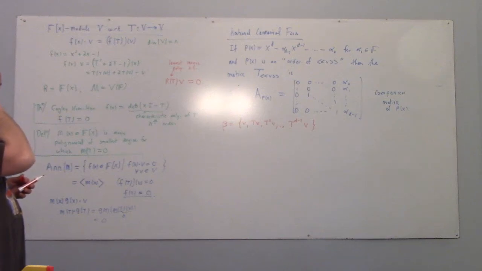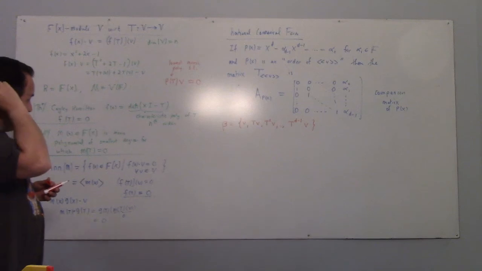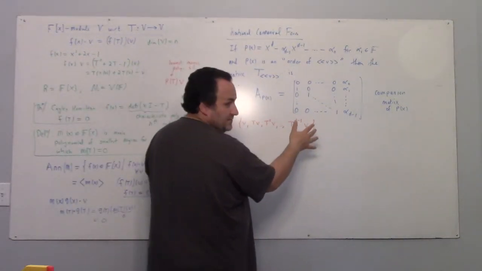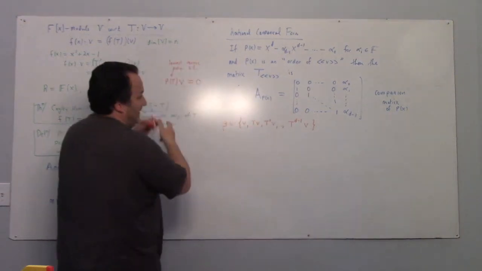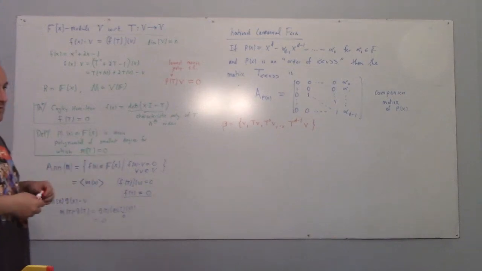It's like the annihilator, but if this was a basis for all of V, then this would be the annihilator. But this doesn't have to be all of the vector space, just a subset.